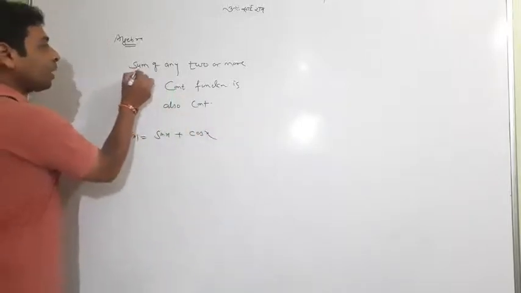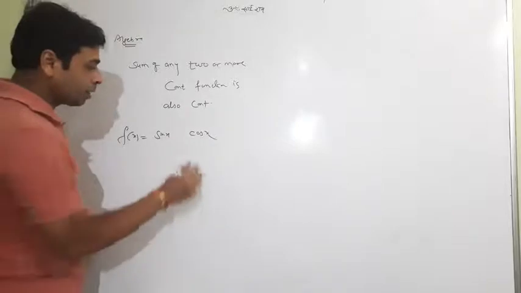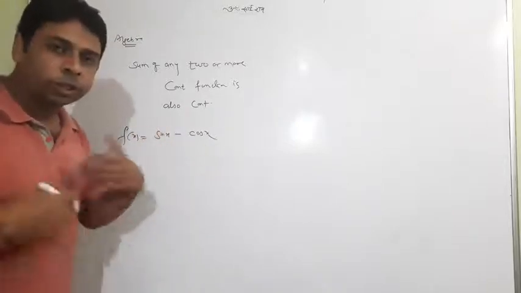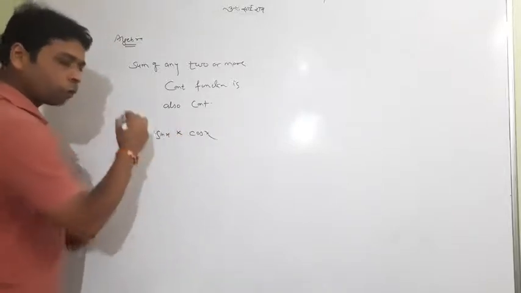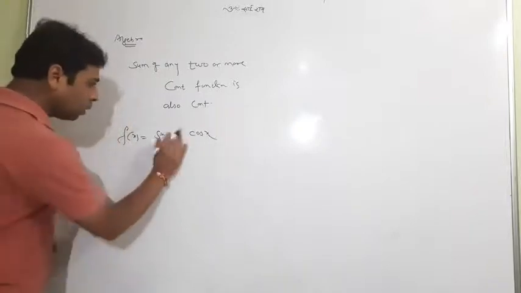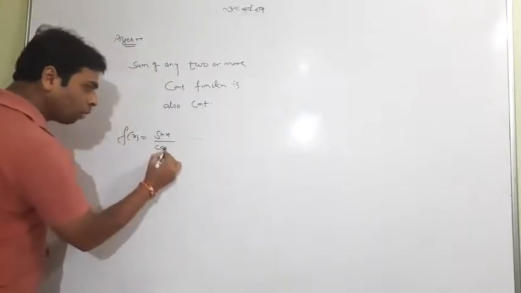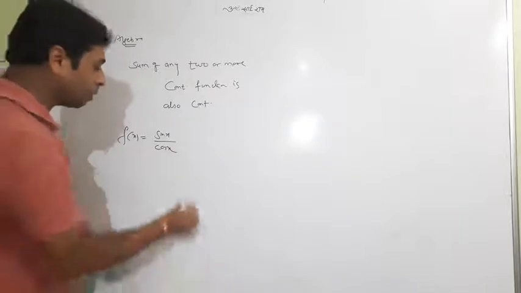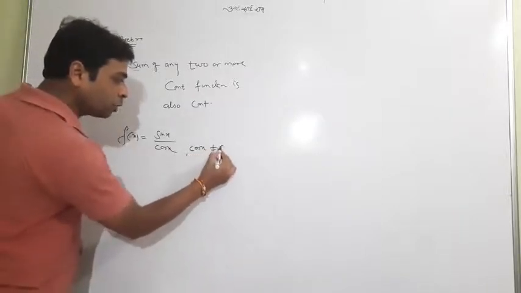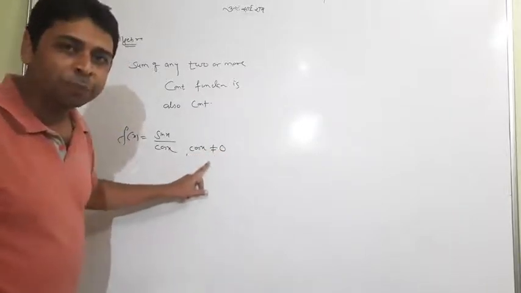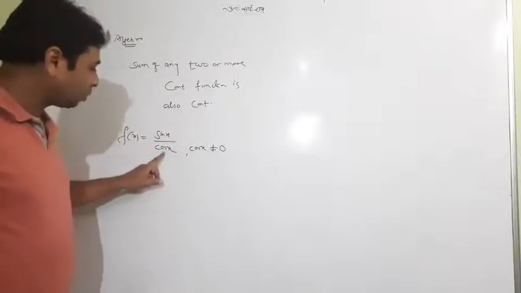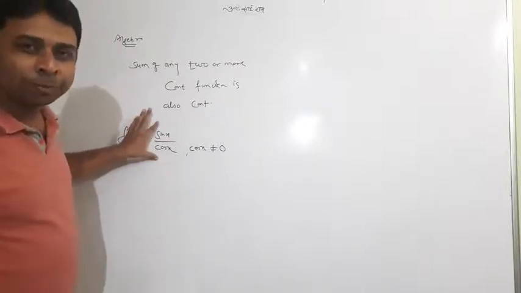So directly, similarly, the subtraction of any two continuous functions is itself continuous. The product of any two continuous functions is itself continuous. And division is also continuous, but in one case, except where cos x must not be 0, meaning the denominator should not be 0. One should know that when the denominator is 0, it makes no sense at all.